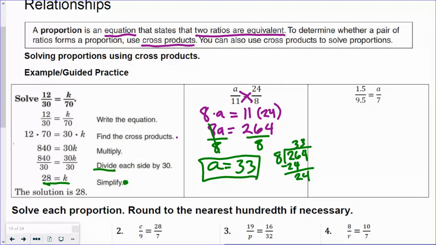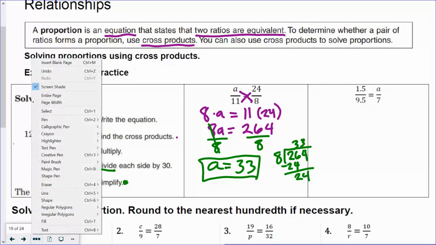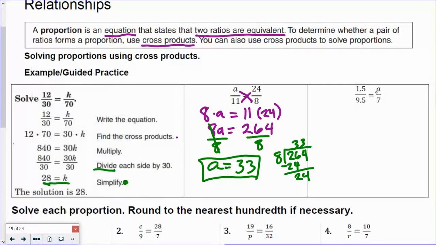Okay, now sometimes there's decimals, and we have some that are struggling with multiplying with decimals and dividing with decimals. So we're going to make sure we do some of our work here. So I'm taking A times my 9.5. 9.5 A equals, and now take 7 times 1.5.